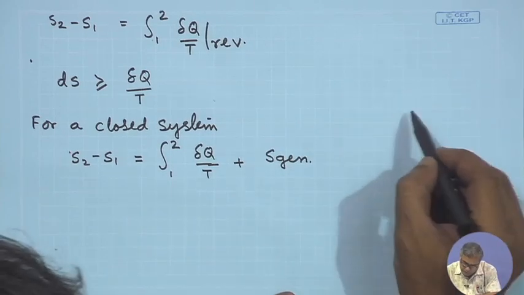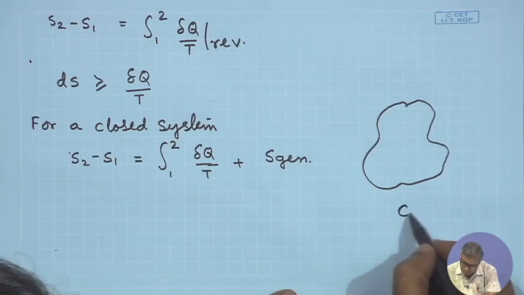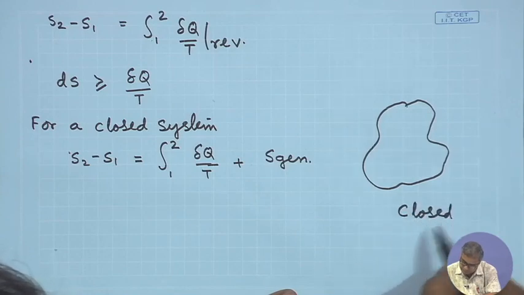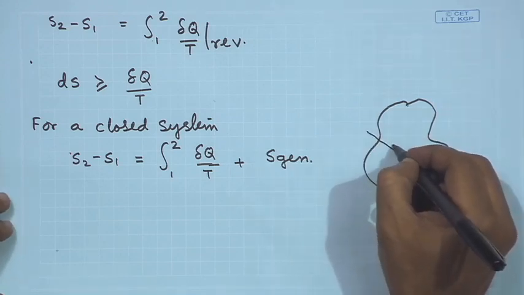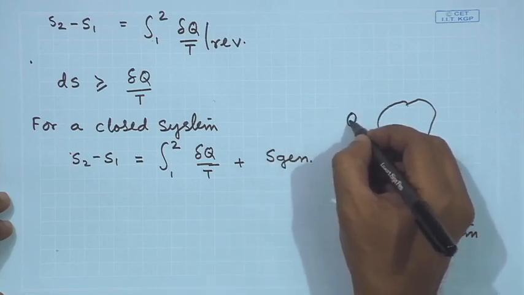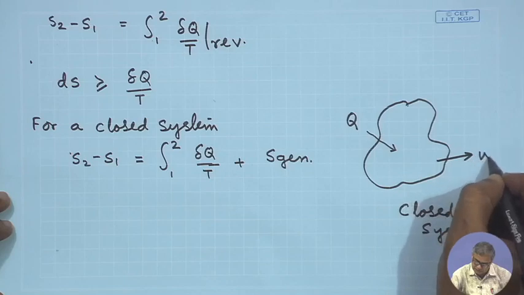So, let us take an example. Let us say this is a closed system. When we say that it is a closed system, it means there is no mass coming inside the system or going out of the system, and there is of course heat interaction and there is work interaction.